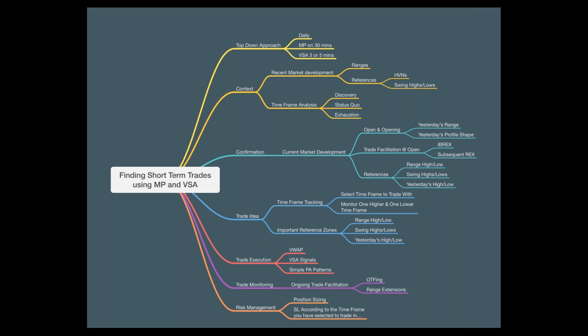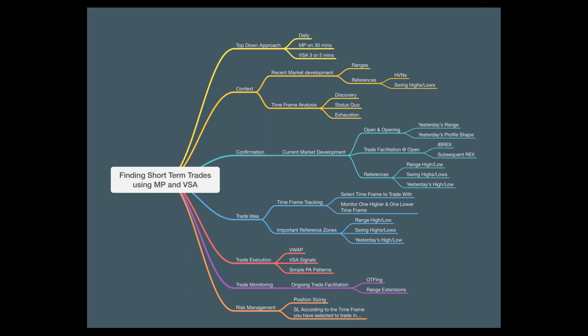Nothing wrong with that, but the issue is if it is not implemented correctly, and you miss some important steps in the meanwhile, it will completely take you in the wrong direction, and then you won't realize what exactly is going wrong here. Okay. All right. So this is my process of finding short-term trades using market profile and VSA.